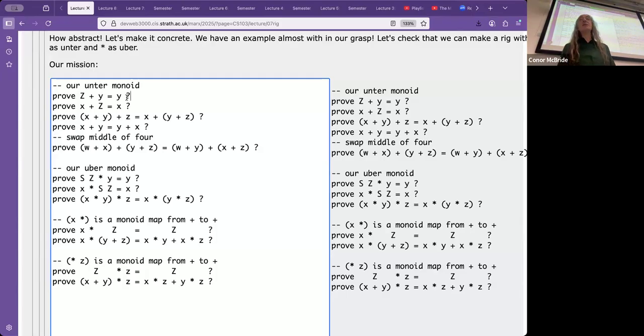In fact, the reason why on Monday we bothered to show you our slightly skanky definition of 2 to the power was that showing that that definition gave us a monoid map actually forced us to prove loads of the things we needed to show that addition and multiplication give us a rig. So that's the point: almost all of these things we've already done.